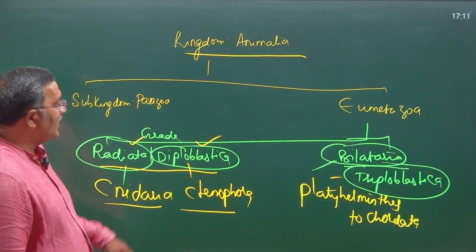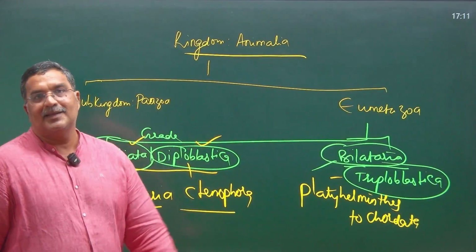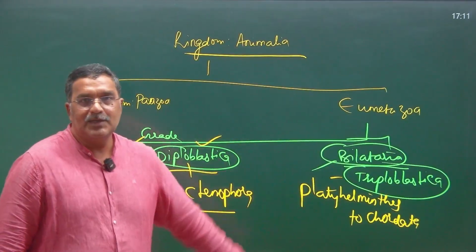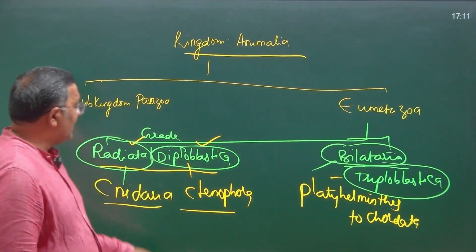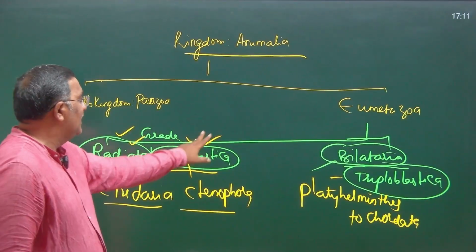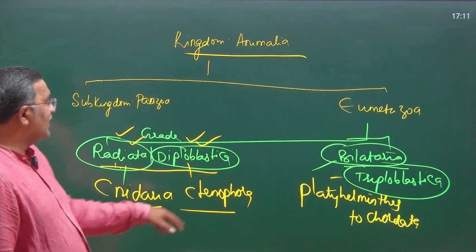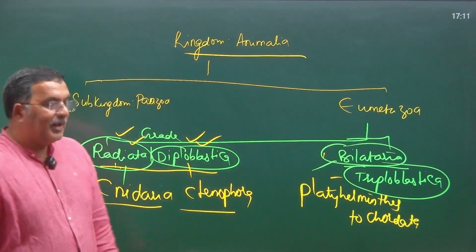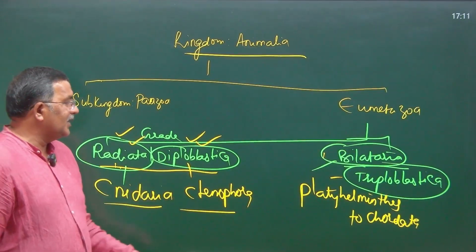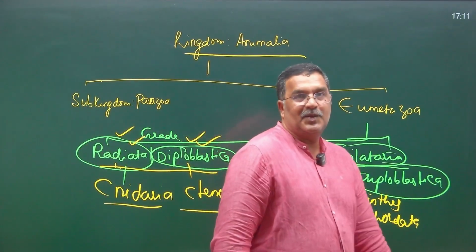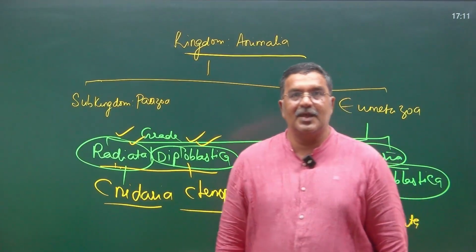On day one I explained the whole chart, how to read it, and then I started explaining individual issues of the chart. Today we completed Radiata and Bilateria, and in the previous class we completed Diploblastica and Triploblastica. We continue the scenario. Thank you.